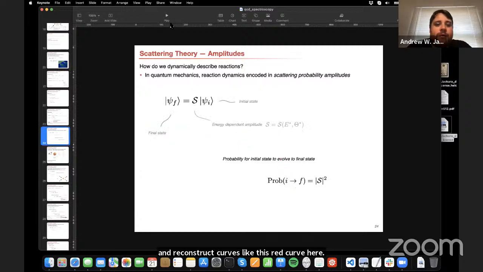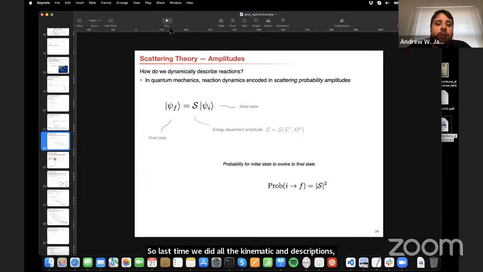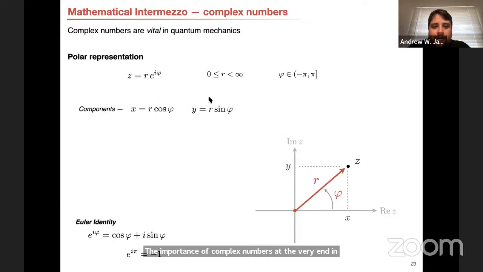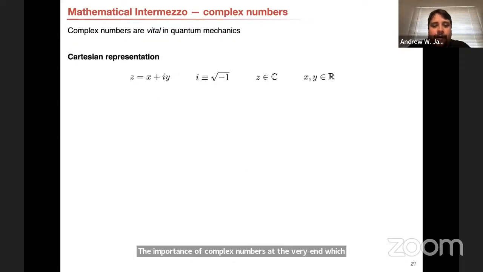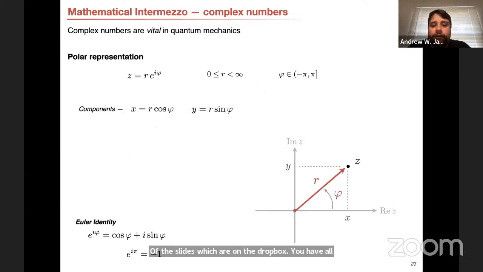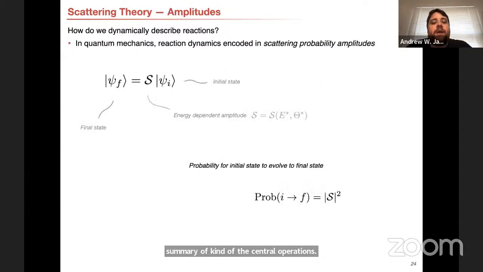So let me now jump to where we need to go to. Last time we did all the kinematic descriptions. We had some discussion on the importance of complex numbers at the very end, in which, in the PDF of the slides, which are on the Dropbox, you have all these little details of complex numbers. If you haven't seen them before, this is a nice quick summary of essential operations. If you have seen them before, then these should be familiar to you.